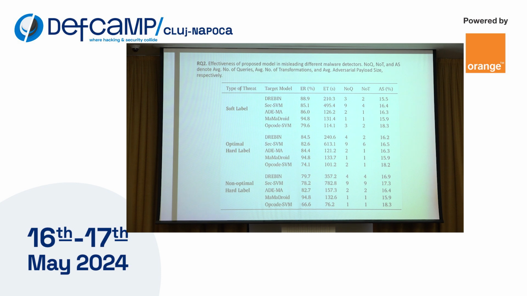And here we've offered the values of these metrics, and apart from the basic metrics that I mentioned, we also have a number of transformation and adversarial payload size. The transformation implies that the original legitimate application goes through a series of transformations that suppose injection of malware code into their structure.